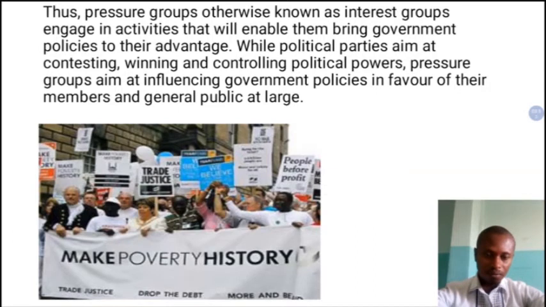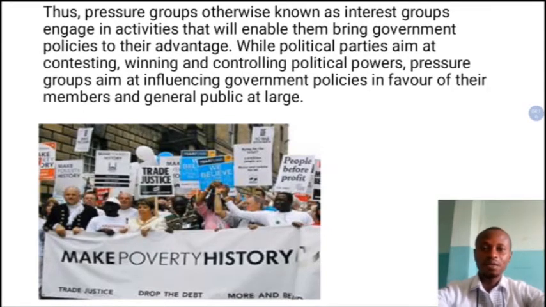So pressure groups can influence this process to bring it to the interest and the benefit of their own members. Pressure groups can also be referred to as interest group, because it's all about interest. All they fight for is for the interest of their members. So we can refer to pressure groups as interest groups.